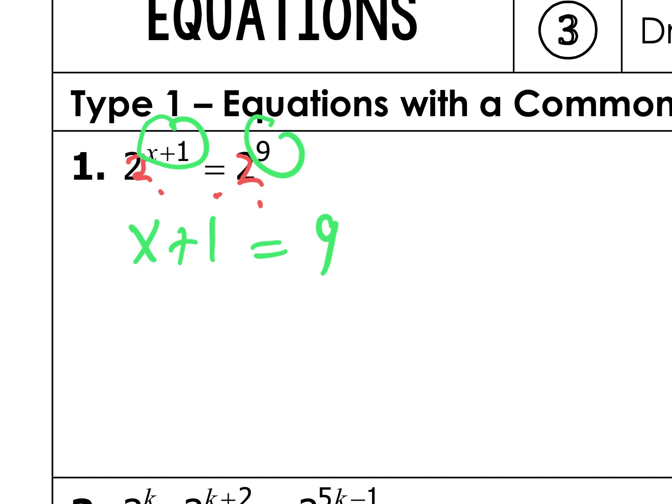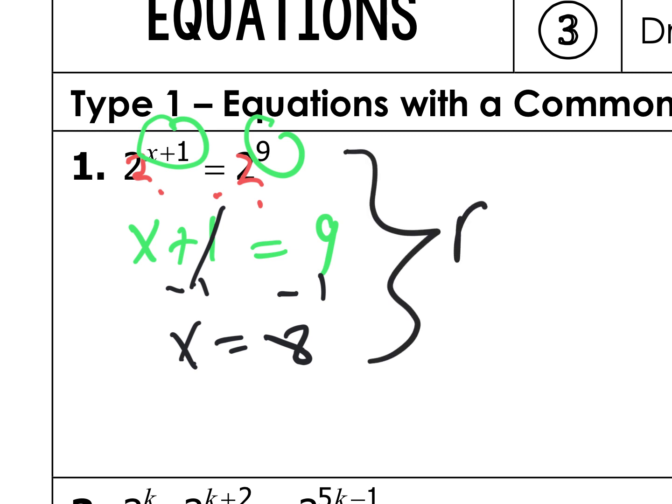No. Minus 1, x must be 8. It's as simple as that. The calculator verified that the solution was x equals 8. Now, this work is required. Just because our calculator can find the answer, the work is required.